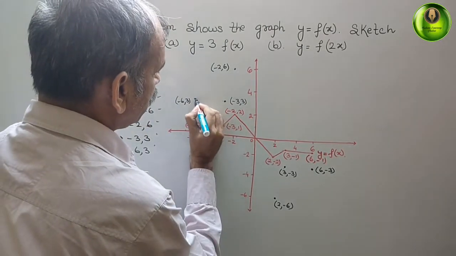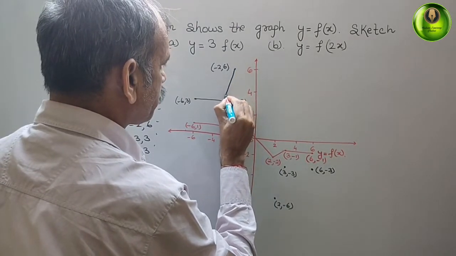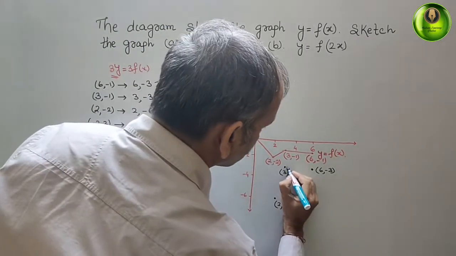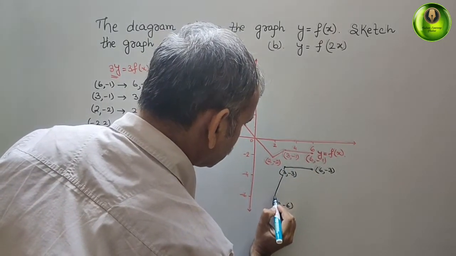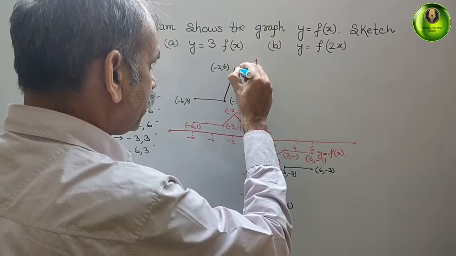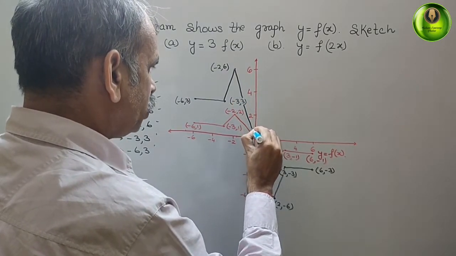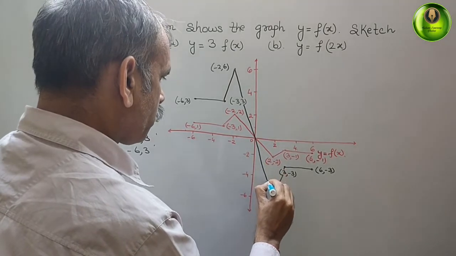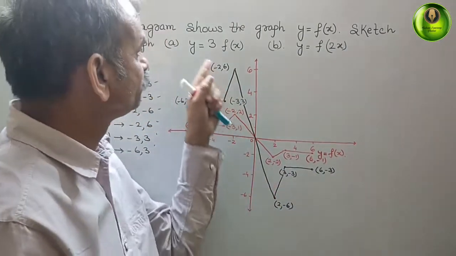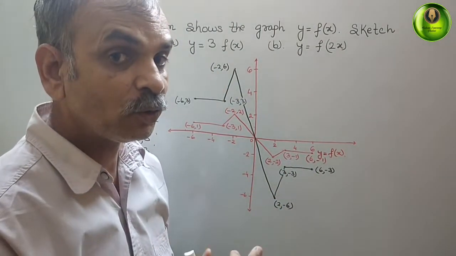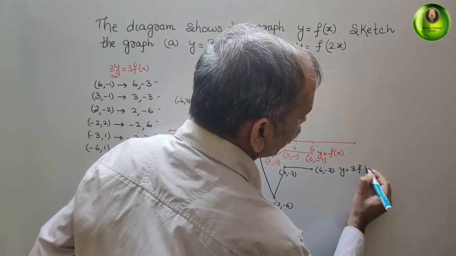You can see it will come like this, again at the top, then here, and from here it will be just like this, and from here it will again follow the zero path. So this figure is your y is equal to 3f(x).